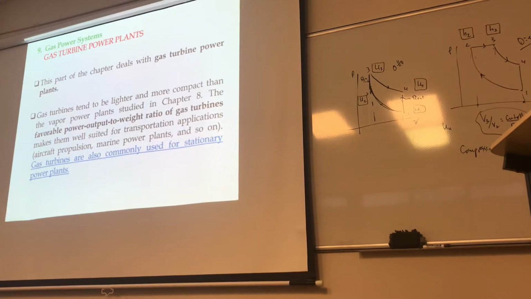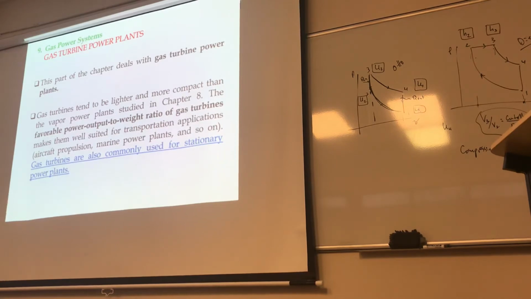It's still a power cycle. Gas turbines tend to be lighter and more compact than the vapor power plants studied in Chapter 8. In Chapter 8, we had those 4 components, which are 2 heat exchangers, a turbine, and a pump, right? But these ones tend to be lighter.